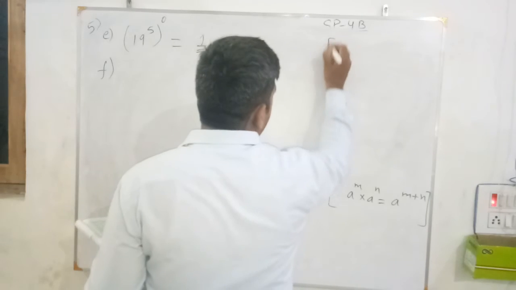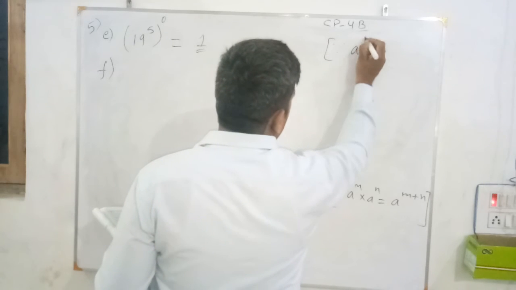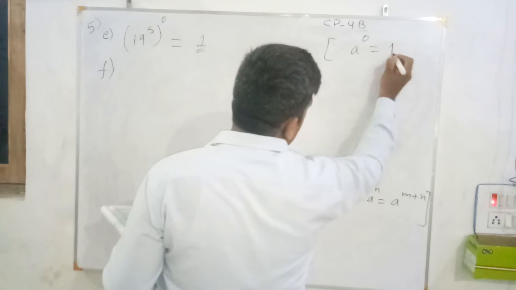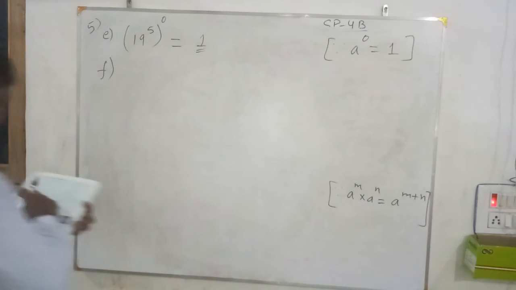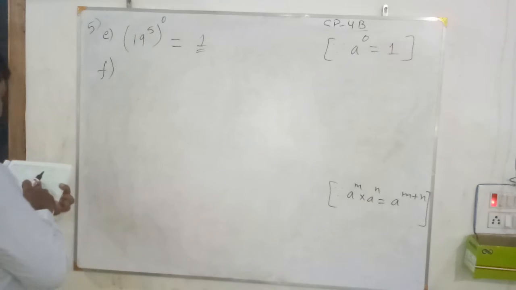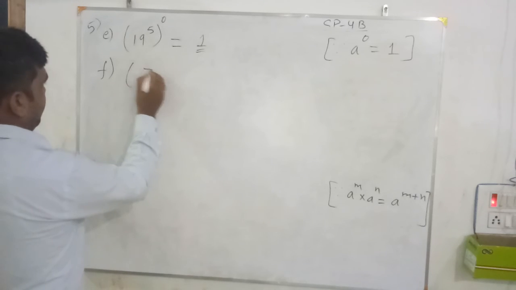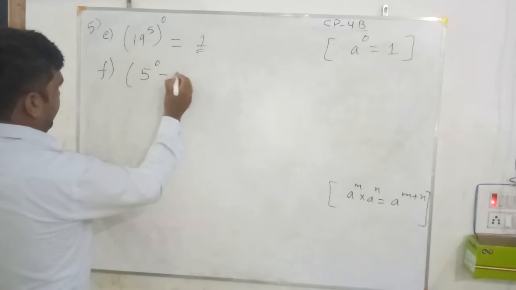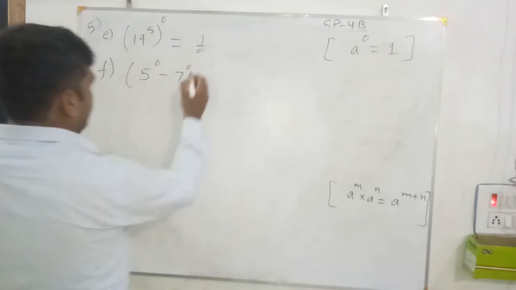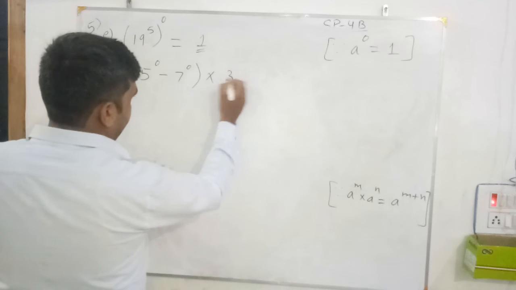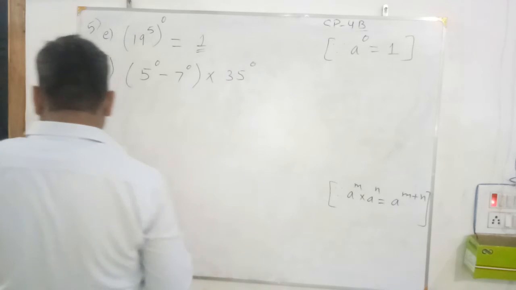Here you can write since a to the power 0 equals 1. That is, any base having power 0 equals 1. 5th F: 5 to the power 0 minus 7 to the power 0 multiplied by 35 to the power 0.